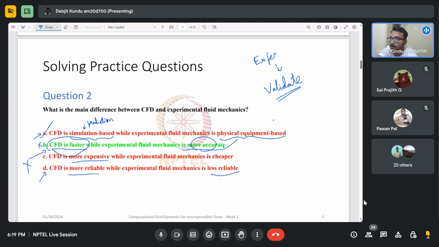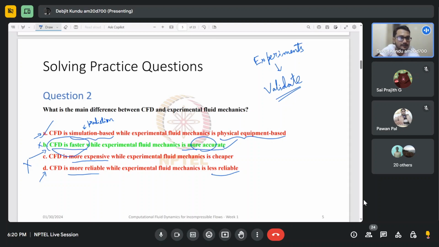Now, what happens is you use CFD to replicate some experiment and show that both are giving similar results, and that's how someone else looking at your work becomes confident that your CFD model is correct and reliable.